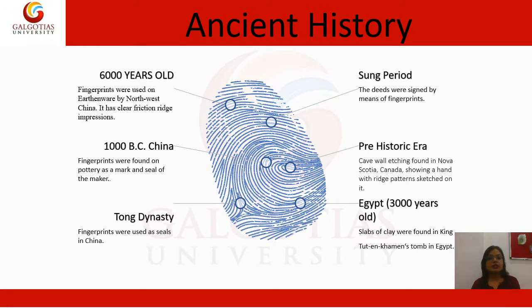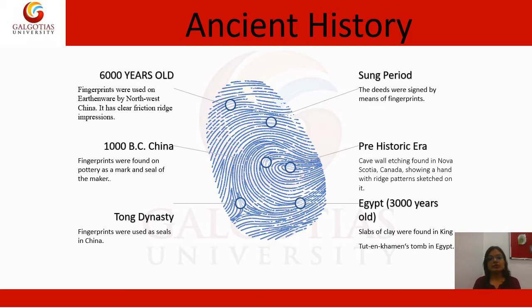In the Sung period, deeds were signed by means of the fingerprint. Whatever documents or contracts they made, they took the fingerprints of the person for the deed. Then in the prehistoric era, it was found in the caves of Canada that they put their ridge patterns on sketches as the identification of the painter.